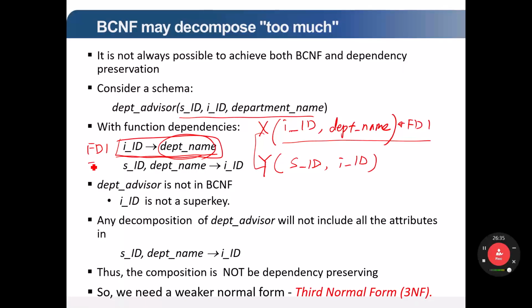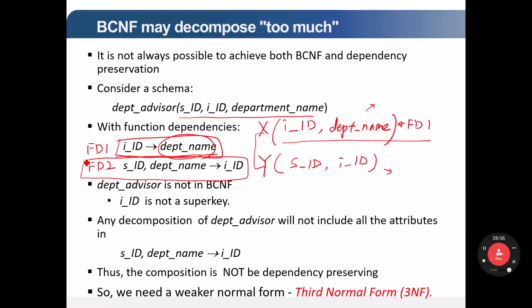What about the second functional dependency? Let's label it as FD2. We don't have a department name in Y. And in X, we don't have SID. SID is missing in X. Oh, we have a problem.